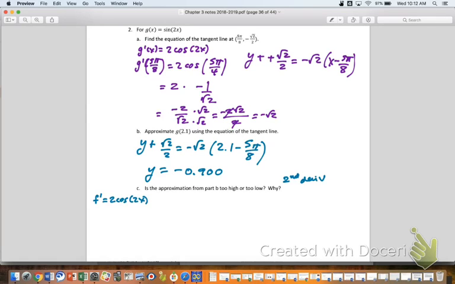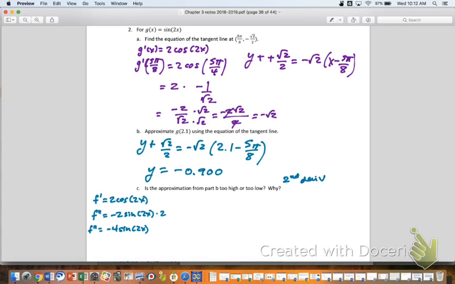It's still composite, but the derivative of cosine is negative sine, right? So f double prime would equal negative 2 sine of 2x times another 2 from the chain rule. So f double prime ultimately would equal negative 4 sine of 2x.